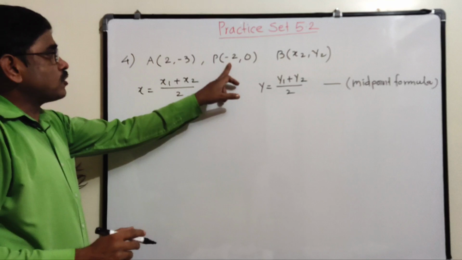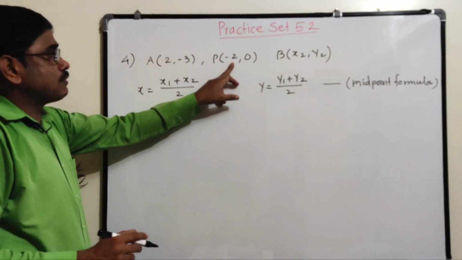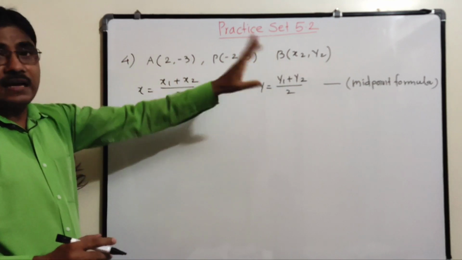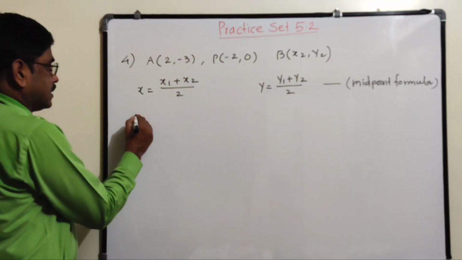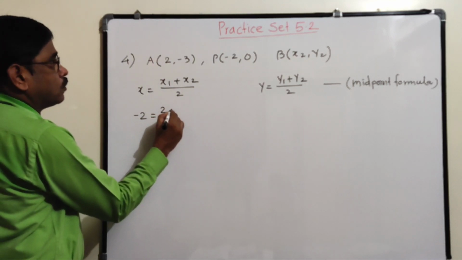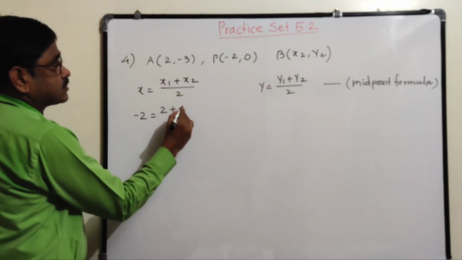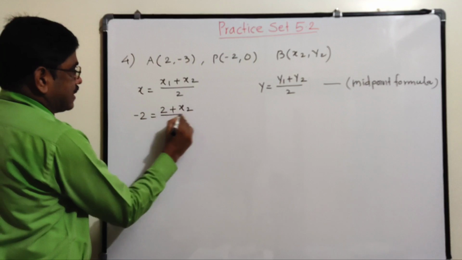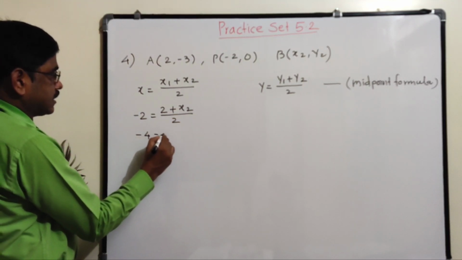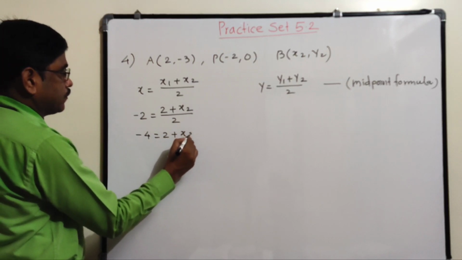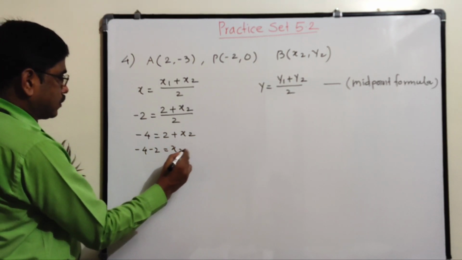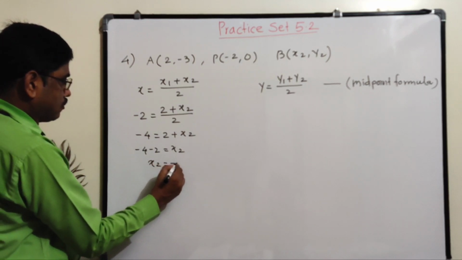So the coordinates of P: the value of x is given -2, the value of y is given 0, x1, y1 and these are x2, y2. Substitute. Here -2 is equal to x1 means 2 plus x2 as it is, divided by 2. So 2 2s are 4, -4 is equal to 2 plus x2. Therefore -4 and -2 is equal to x2. So x2 is equal to -6.